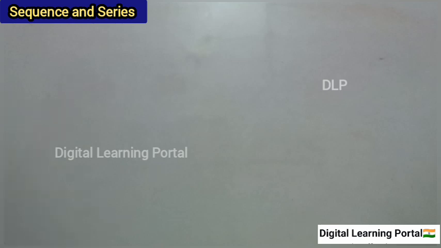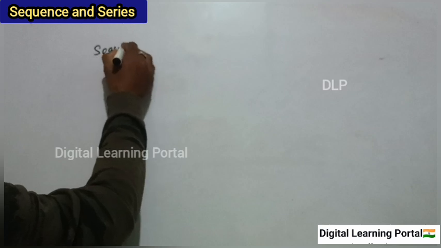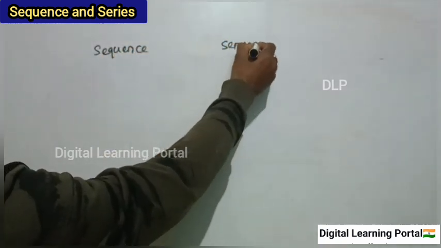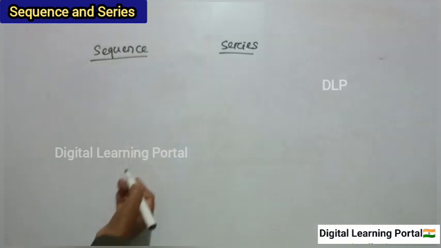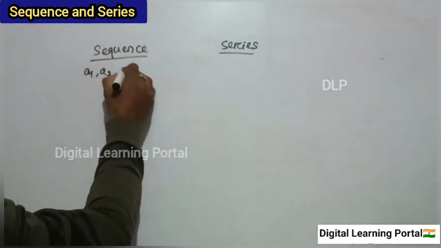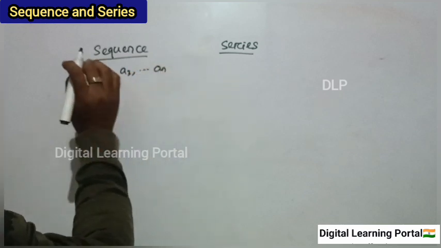The first thing is clearing the basic concept: what is the basic difference between a sequence and a series? Let's have some elements, suppose A1, A2 and A3 up to so on. This is a sequence.